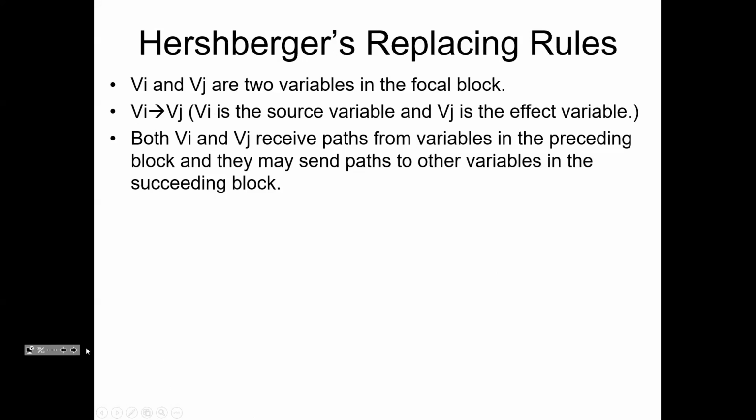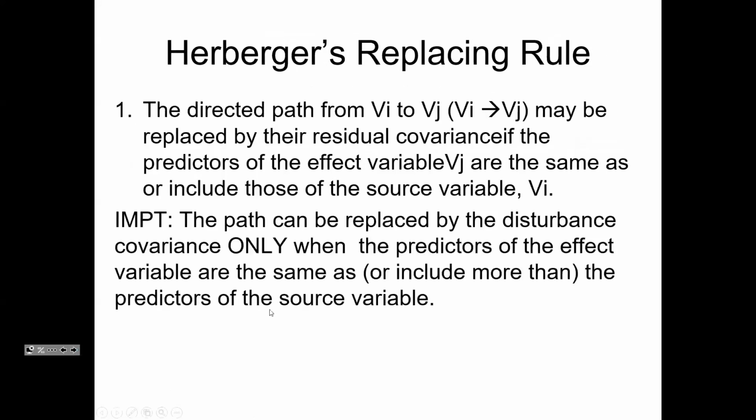I can take that direct path from VI to VJ and replace it with a residual covariance if the predictors of VJ are the same as, or include, those of VI. Basically, the path can be replaced by a disturbance covariance when the predictors of the effect variable are the same as or include more variables than the predictors of the source variable.